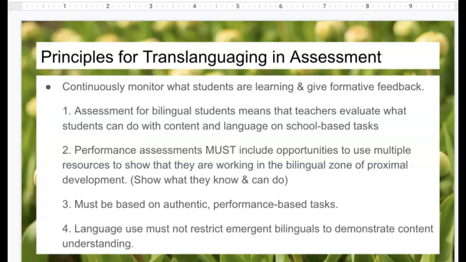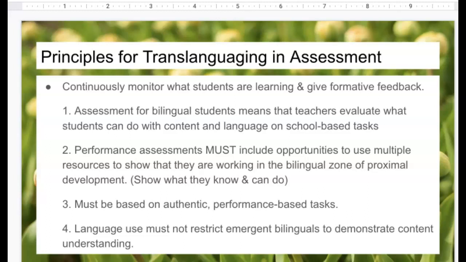The first thing we want to think about is that assessment for bilingual students means that teachers evaluate what students can do with content and language on school-based tasks. Performance assessments must include opportunities to use multiple resources to show what they are working on in their bilingual zone of proximal development. So we want to allow them to show what they know and what they can do.